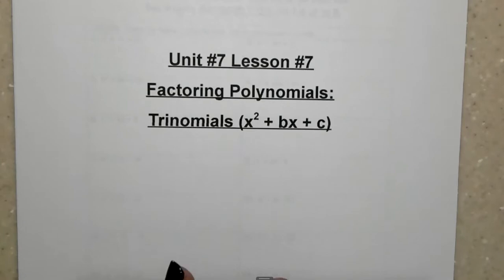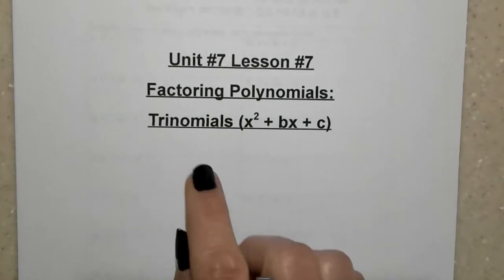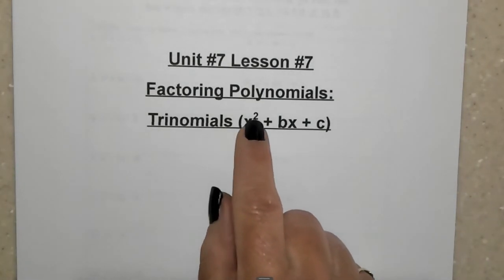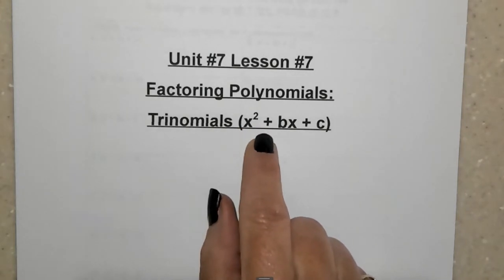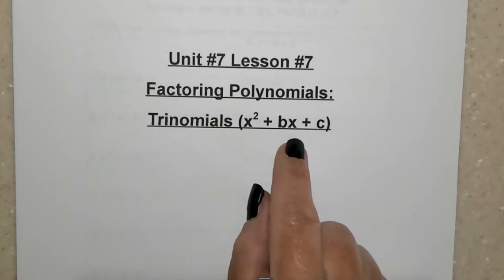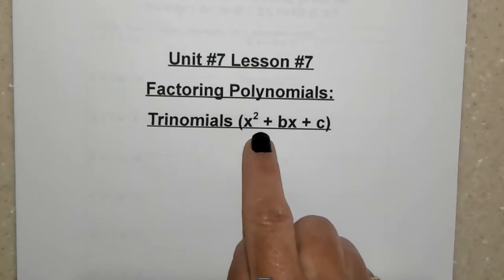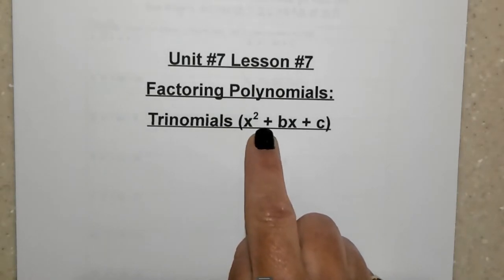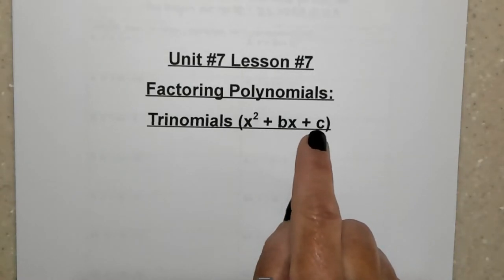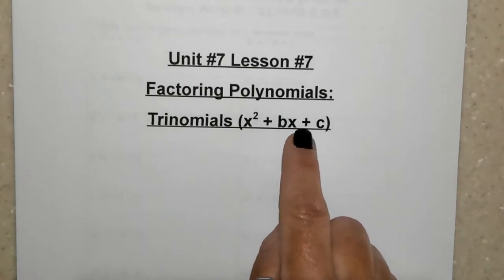Specifically, trinomials that are in this format, where you're going to have x squared, then you're going to have a plus bx, and that could be a minus, by the way. I hate that it says plus, because it really could be plus or minus. Okay, and then you're going to have another term out here called the c term, and it says plus c, but it really could be plus or minus.